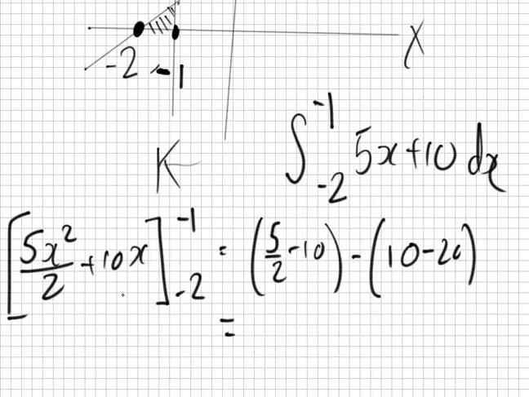Putting that all together, minus 10 is minus 20, but then I get minus 20, so that'll cancel. So actually I'll just be left with 5 over 2. 2.5 units squared. And that's 11 then. So I'll do 17 next.